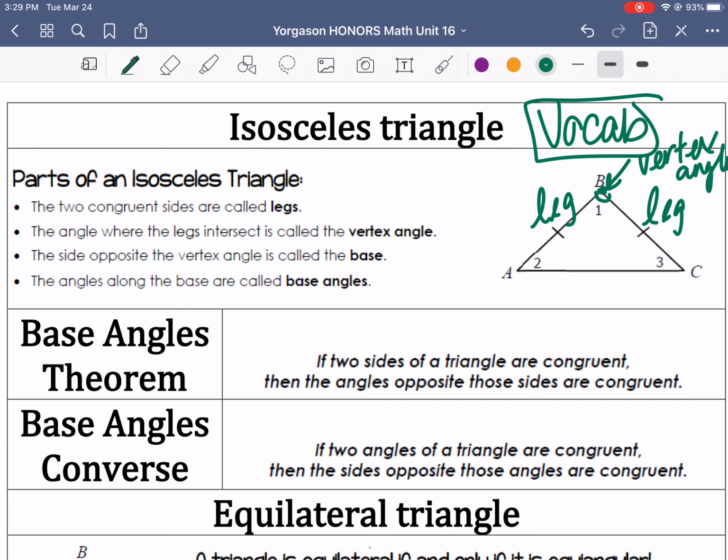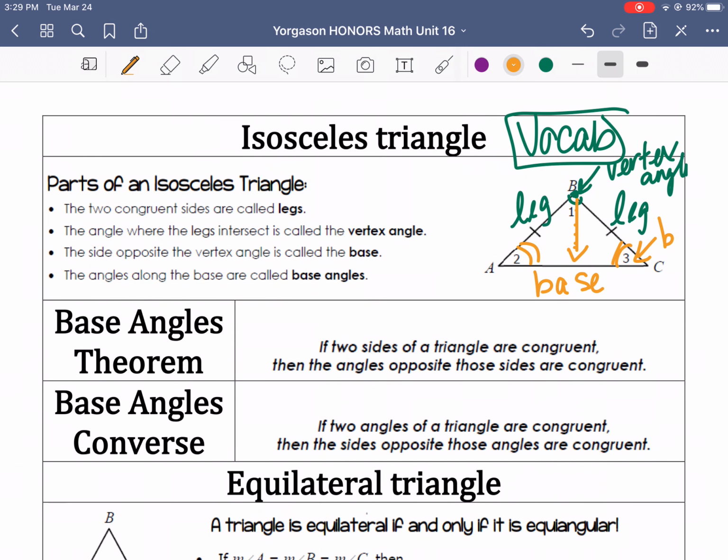The side opposite the vertex angle. So if we go and look at the side that is across from, opposite of that angle, this side is called the base. And the angles along the base, like this one and this one, those are called base angles. So everything has a name.